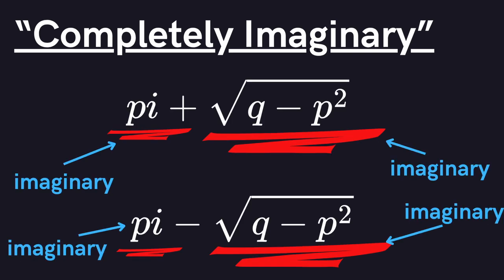But what does completely imaginary mean? It means that both p plus root q minus p squared and p minus root q minus p squared are fully imaginary. Now obviously p means that the p part is imaginary, but if the whole thing is imaginary, that must mean that root q minus p squared must be imaginary too.